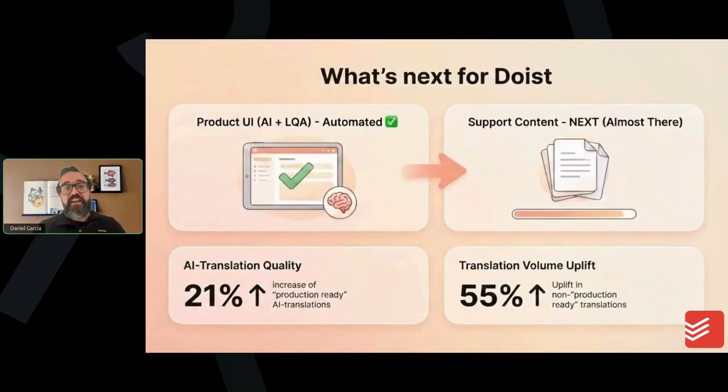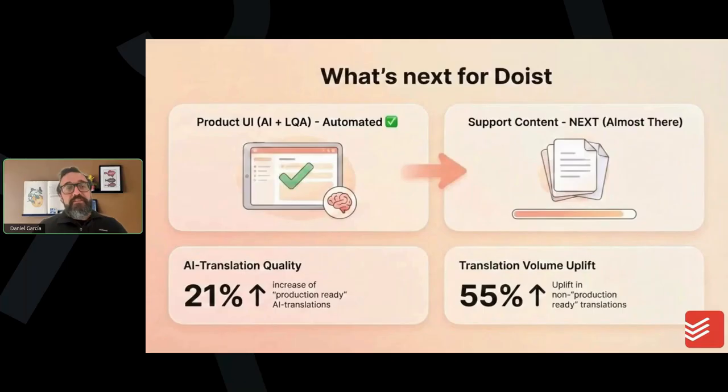So this has led to a 20% increase of production-ready AI translations that the reviewers, the translators, do not edit at all. But also in the pool of non-production-ready translations, we witnessed an uplift of 50% in the content that is nearly perfect according to our quality index. So this has led to a simpler and faster edit.